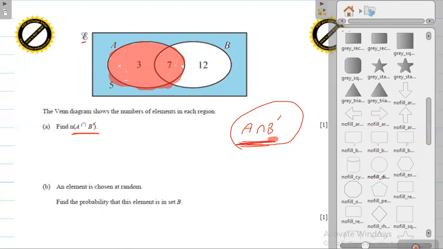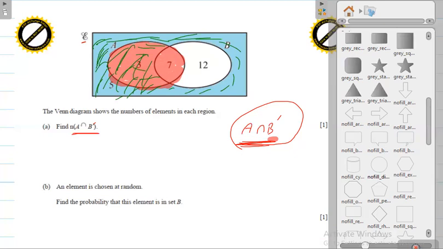There was an option of changing the color with me, but I'm not getting that one. Anyhow, if I don't have it, let's see, B complement. B complement means outside B. Okay, shade outside B. Outside B will be this one, all of this.